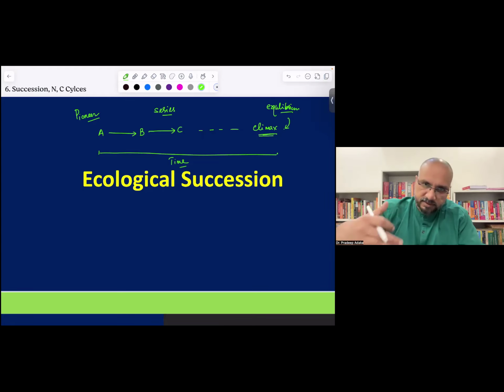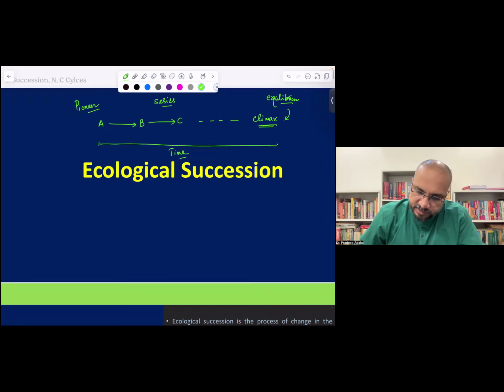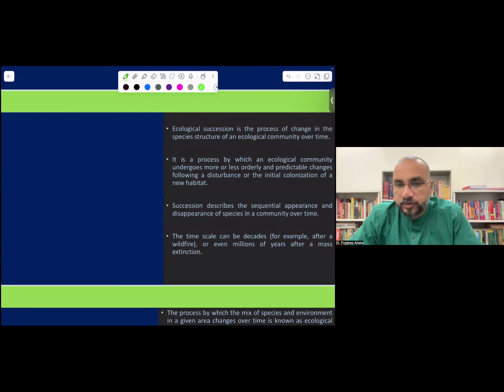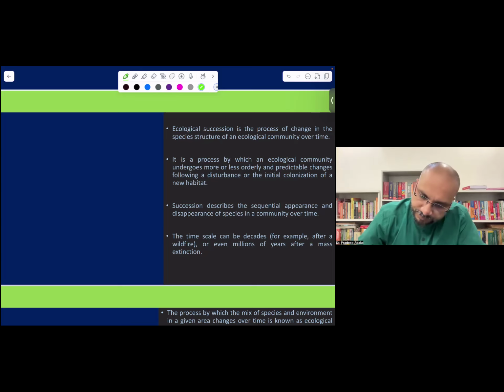Okay, so let us see what is ecological succession. If you go through the terminology, then it will be more clearer to you. So in layman's terms we have understood what is that. Now we will go through the technical terminology. So ecological succession is the process of change in the species structure.